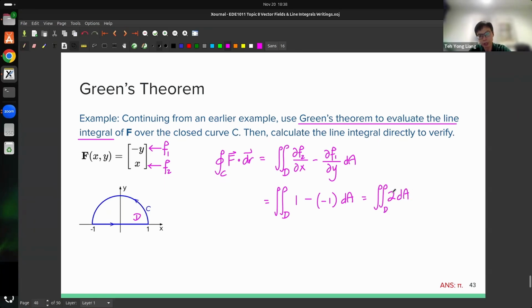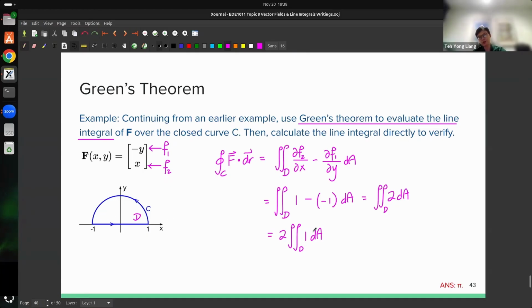Since 2 is a constant, we factorize out the 2, and it becomes 2 times the double integral over region D of 1 dA. What is integrating 1 dA over a region D?